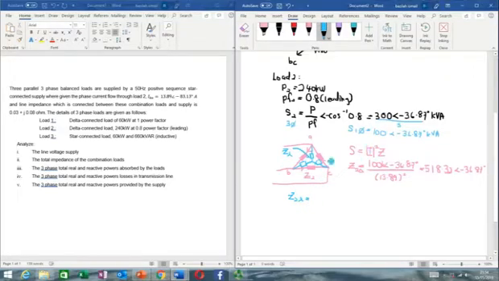The formula is Z delta multiplied by Z delta divided by the total of Z, where the total Z will be three Z delta. So Z star is equal to Z delta divided by 3.